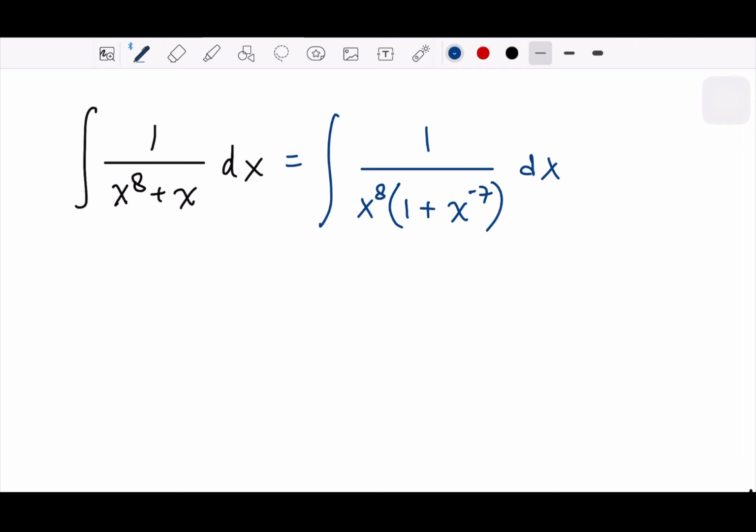Let's continue. x to the power of 8. Let's move up here. And what will it be? Minus 8, so it will be x to the power of negative 8.